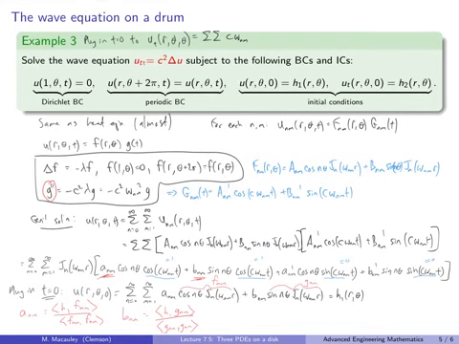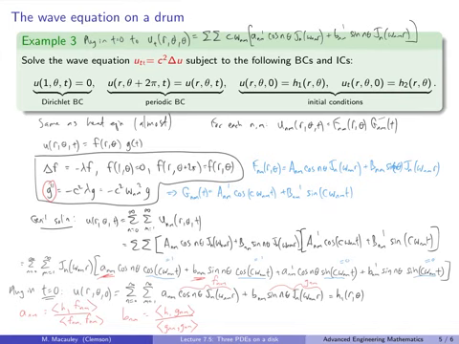And then what's going to be left? You're going to get basically the same thing we had here. It's just now you have a prime here and a prime there. So you're going to get a_nm prime cosine of n theta times J_n of omega_nm r, plus b_nm prime sine of n theta J_n of omega_nm r.